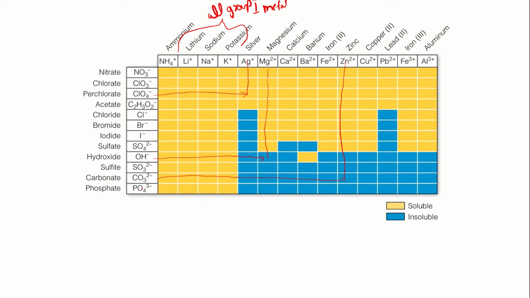So you can see that phosphates, carbonates, and hydroxides are the anions most often insoluble. You can see sulfates are generally soluble. You have only a few exceptions. But for hydroxide, carbonate, and phosphate, you can see that in general they are all insoluble, with just one exception over here for barium hydroxide.